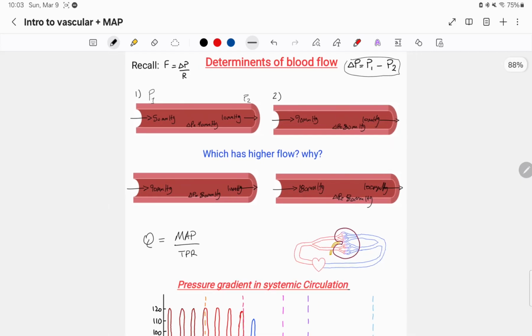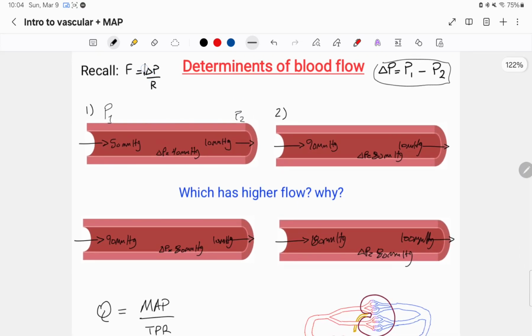Okay, so in scenario 1, which of these two blood vessels do you think has the higher flow? Blood vessel A or blood vessel B? Well, it's clearly going to be blood vessel B. But why? Again, this is where Poiseuille's law can help us. Poiseuille's law states that the change in pressure is directly proportional to the change in blood flow.